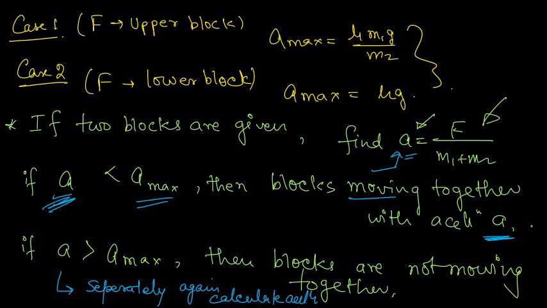So I think this is enough theory for your frictional force part. If you wish to do some problems, you can always try this. Using these types of concepts and tricks, you can do any type of problem from frictional forces.